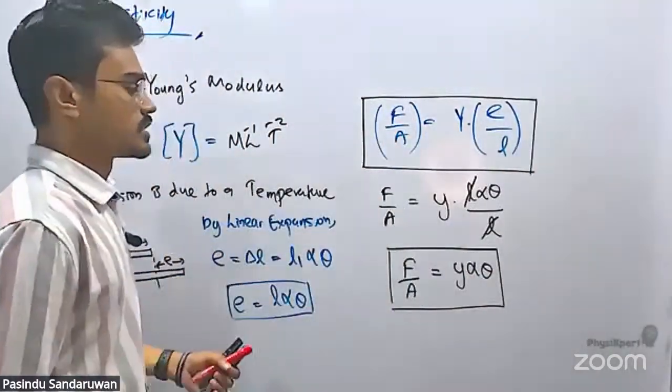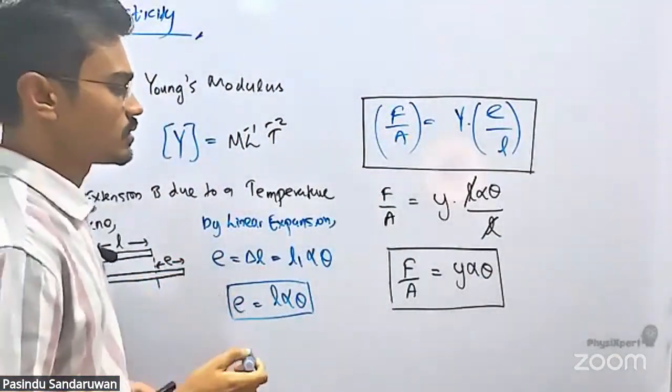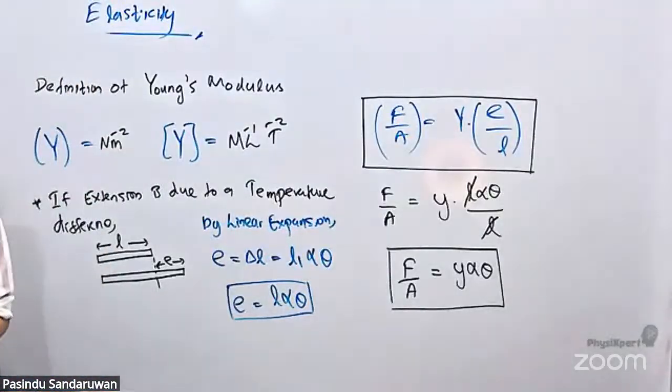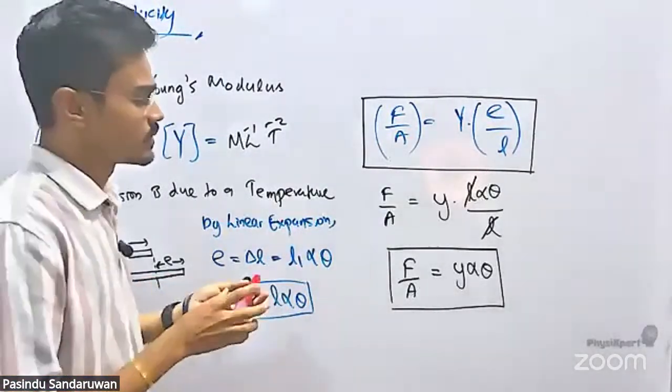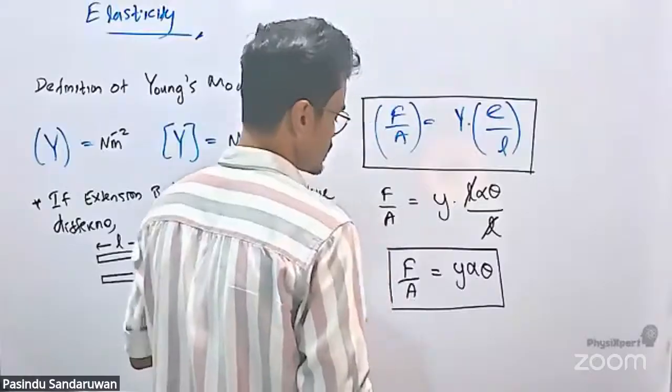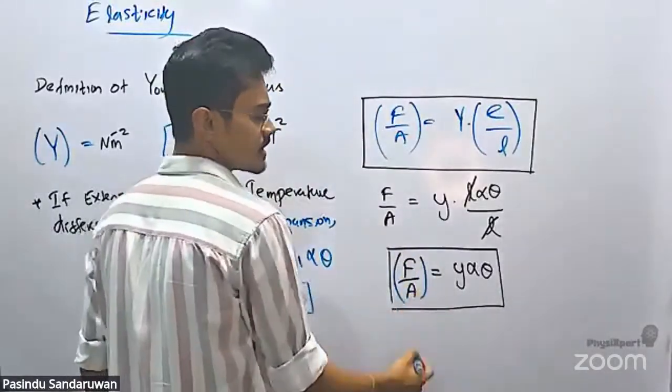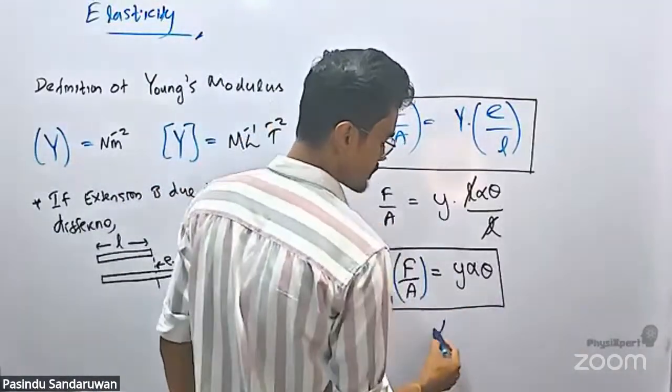So introduce these new terms here. All other terms we have introduced before. F over A is already introduced, Y is known. Introduce alpha and theta.